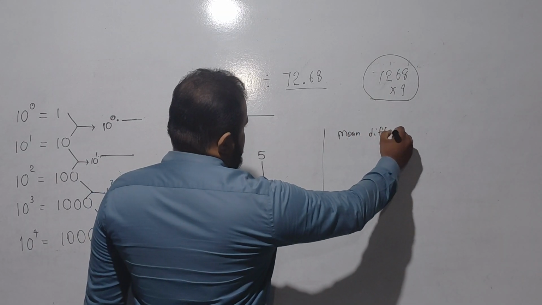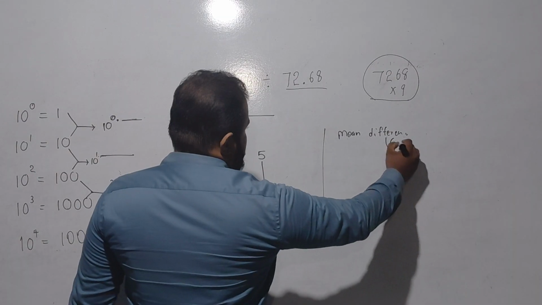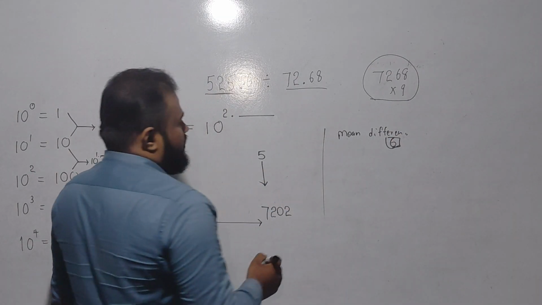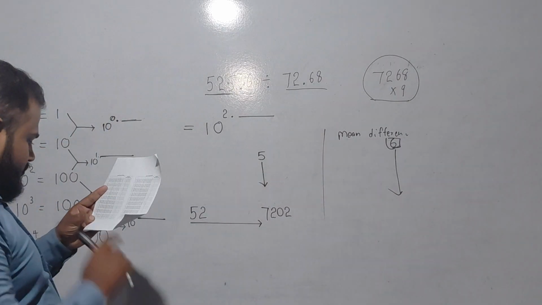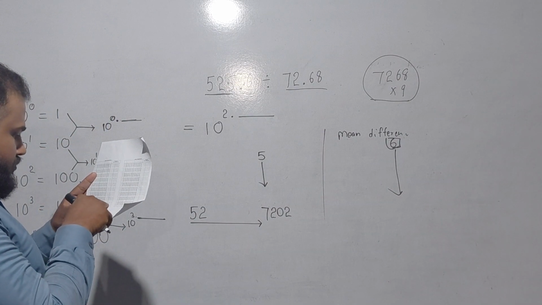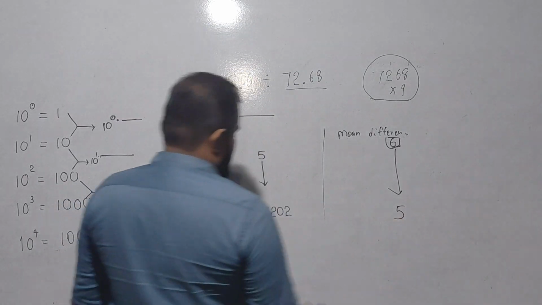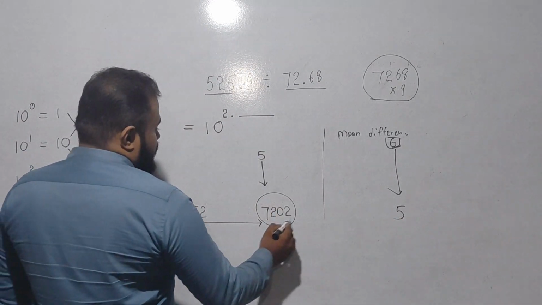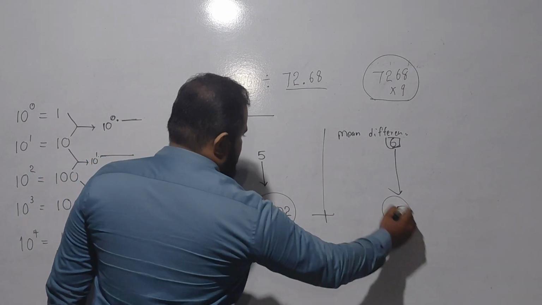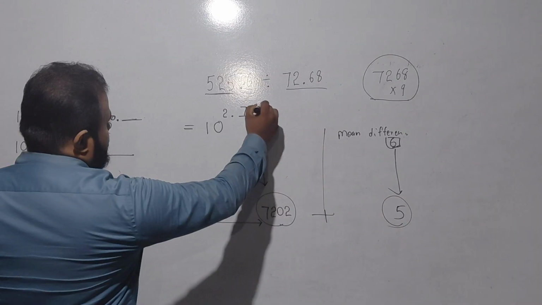Under that mean difference value 6, there is 5. So the total mantissa is 7202 plus this 5. It gives us 7207.